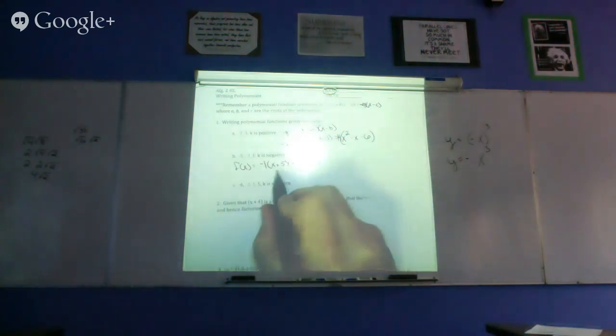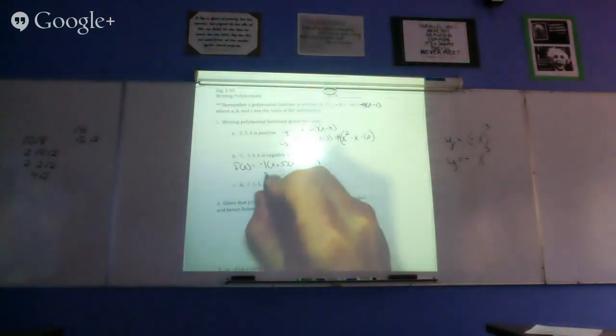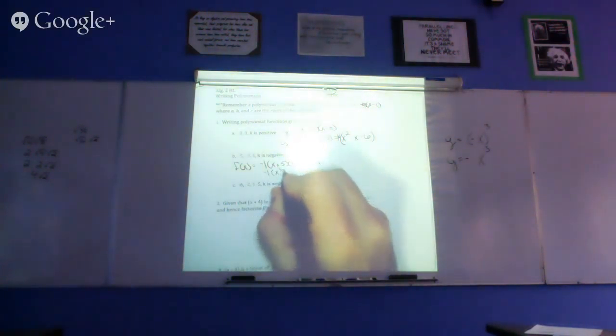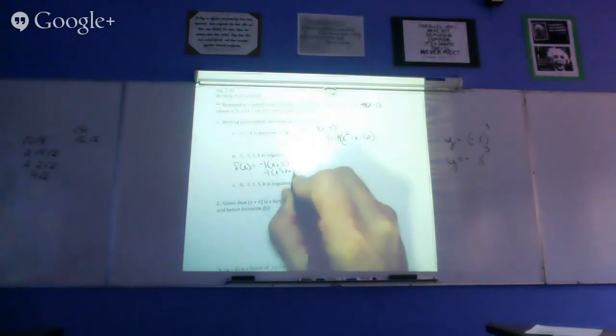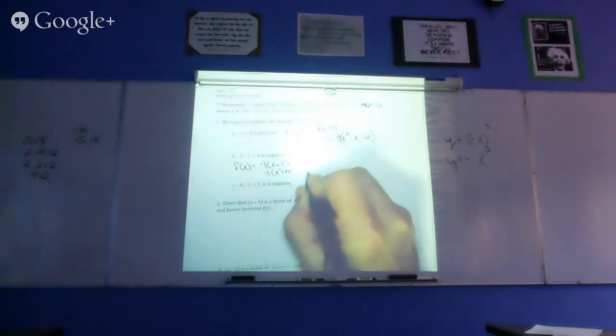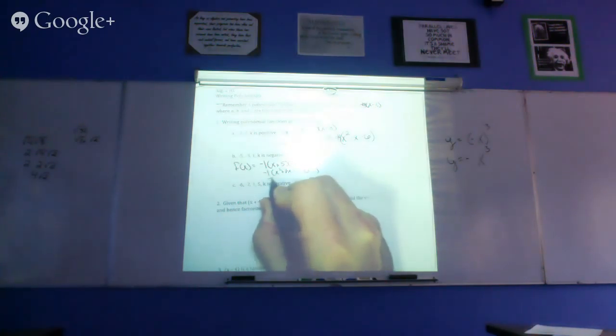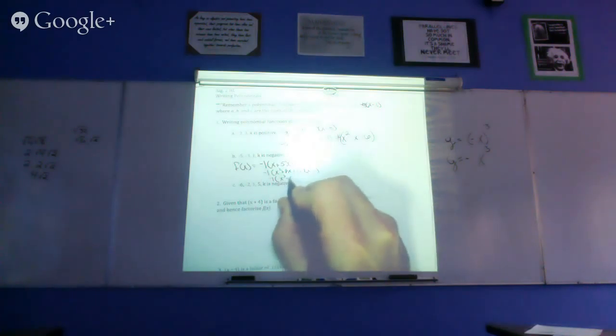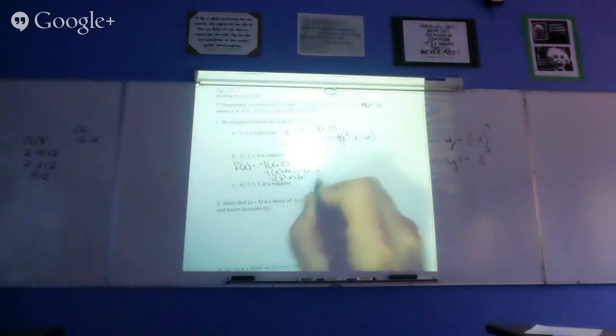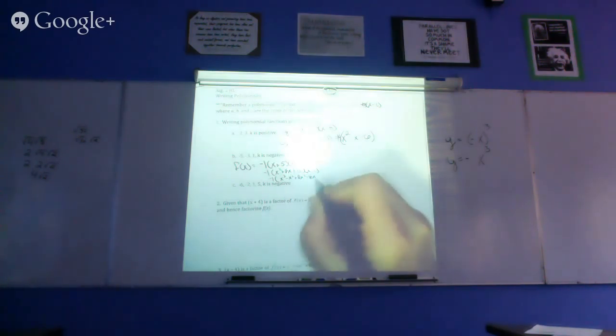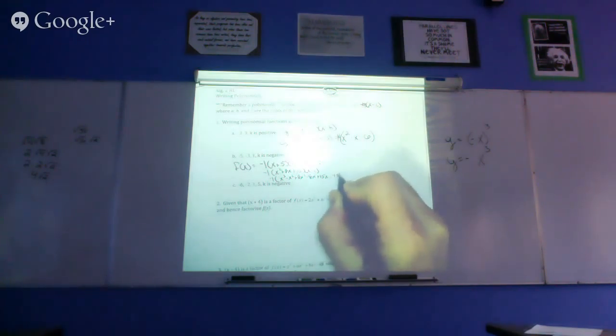So if I do this, x times x is x squared, so I get -1 times x squared plus 3x plus 5x is 8x plus 15, times x minus 1. That's -1 times x cubed minus x squared plus 8x squared minus 8x plus 15x minus 15.